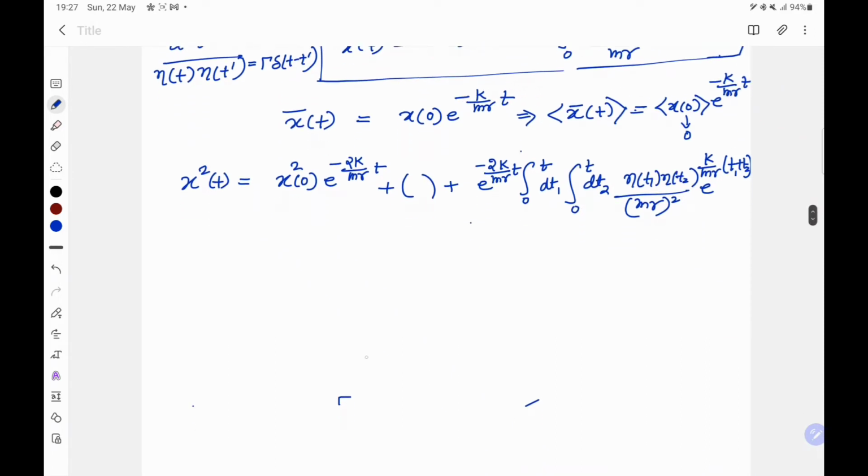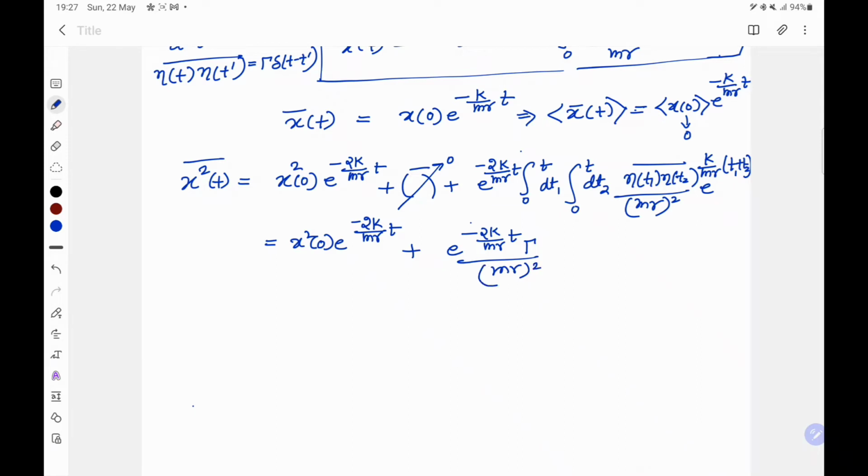Now let us do the average over all realizations. This will be 0, linear in eta t, and from this we will have again x0 square e to the power minus 2 kappa over m gamma t plus e to the power minus 2 kappa over m gamma t, and if this is delta correlated, gamma over m small gamma square, and we shall have the integration.